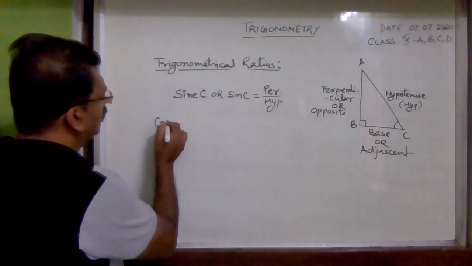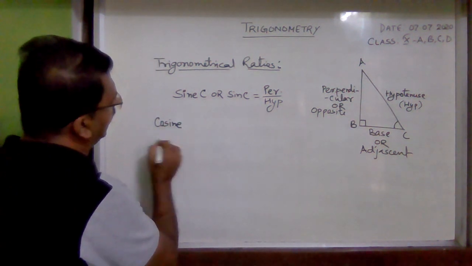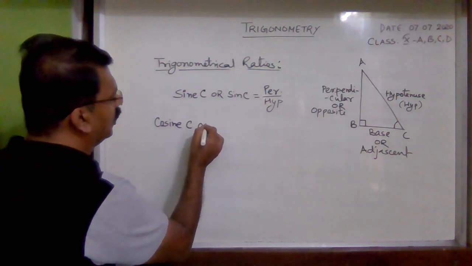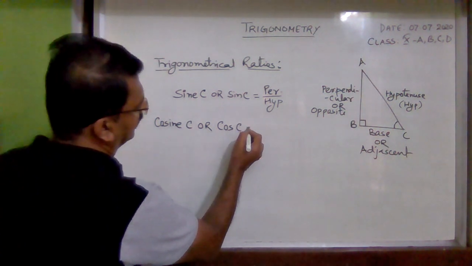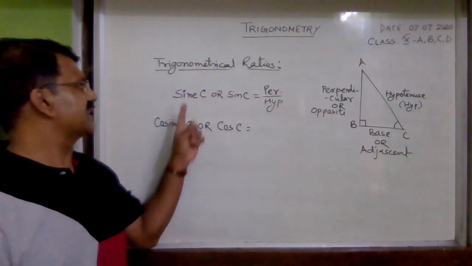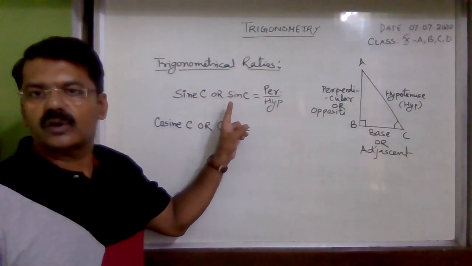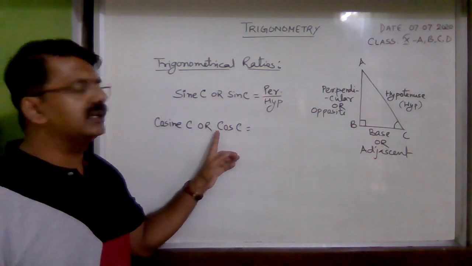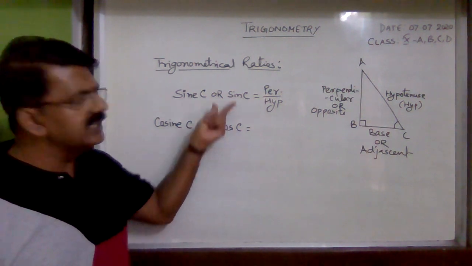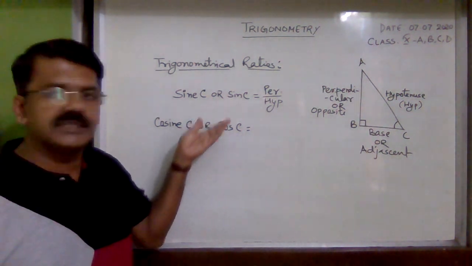Cosine C, and in short we call it cos C. So it is sine C, in short sin C, and cosine C, in short cos C. We use these only while doing the sums.